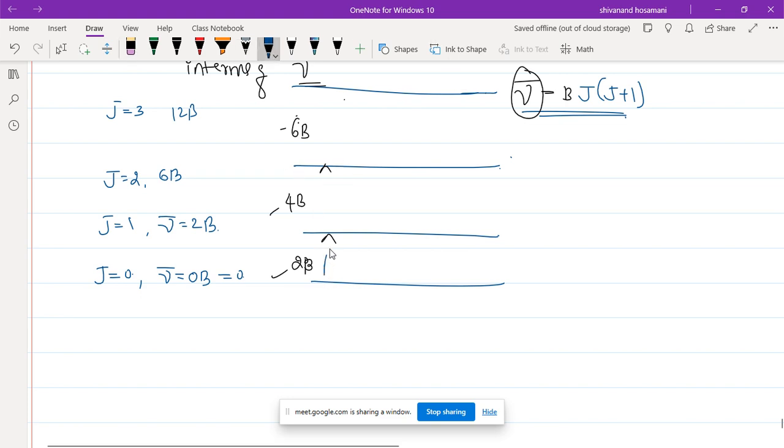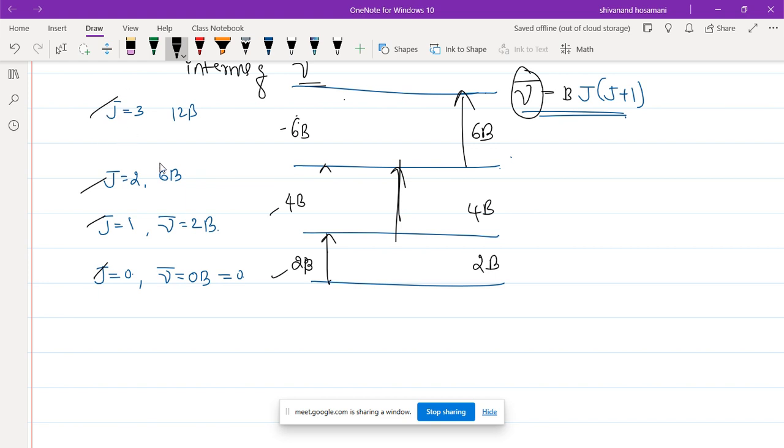Checking the difference between the J levels J0, J1, J2, J3, you get 2B, 4B, 6B.